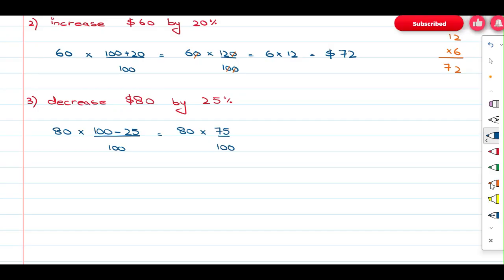Let me simplify it. 0 goes with this 0. Now if I cancel it with 5 times table, 5 times 2 is 10, 5 times 1 is 5, 6 and 7, 2 is left. 25, 5 times 5 is 25. In the simplified form we have 8 times 15 divided by 2.